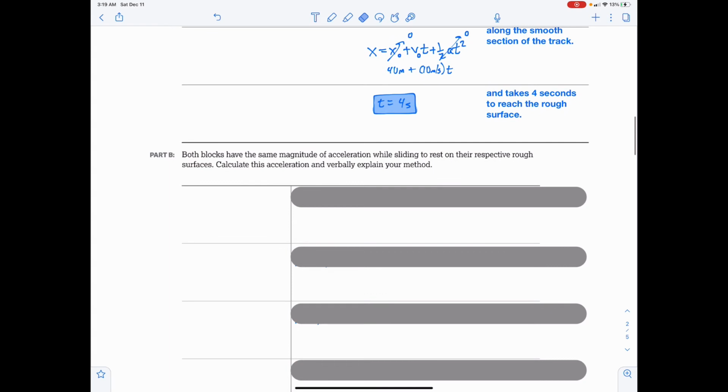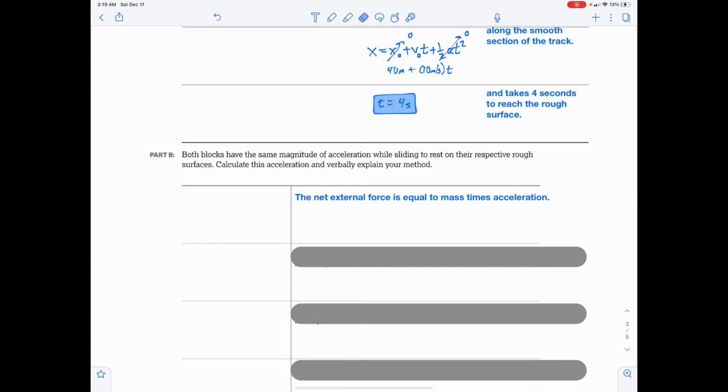Part B. Both blocks have the same magnitude of acceleration while sliding to rest on their respective rough surfaces. Calculate this acceleration and verbally explain your method. Well, let's start off with the idea that the net force is equal to mass times acceleration.